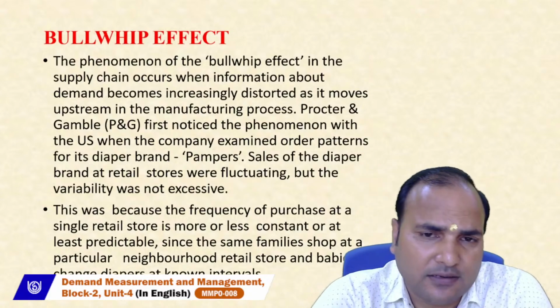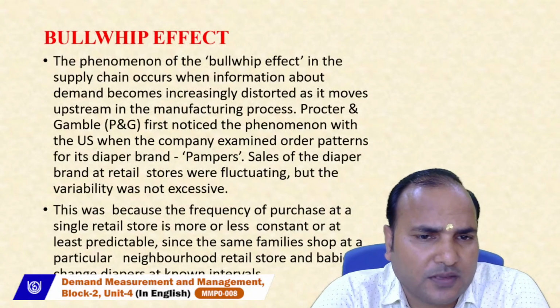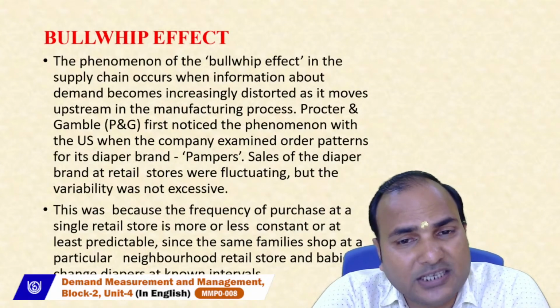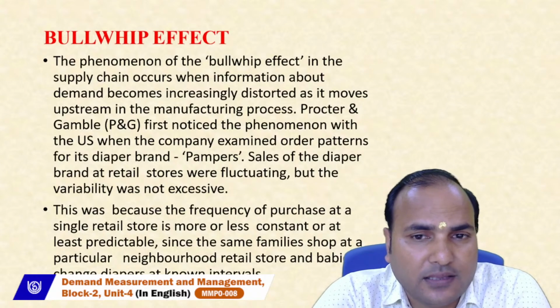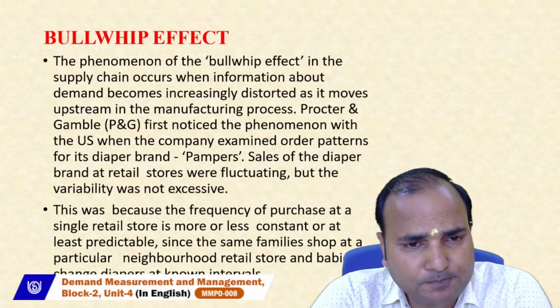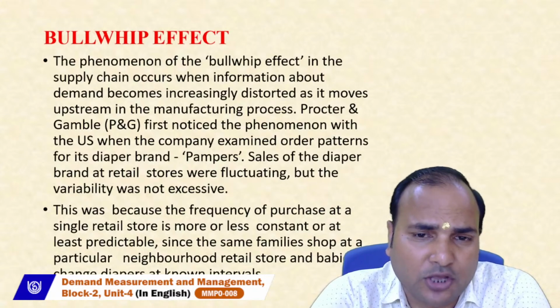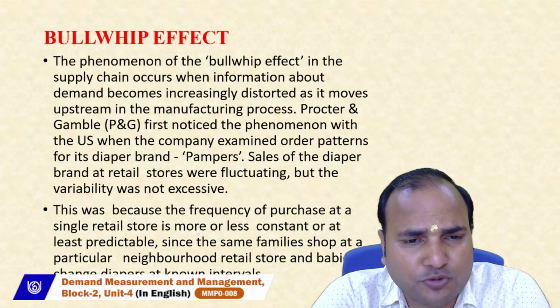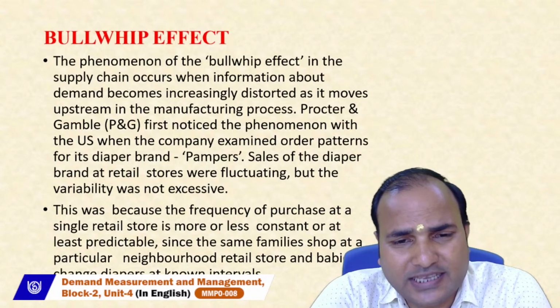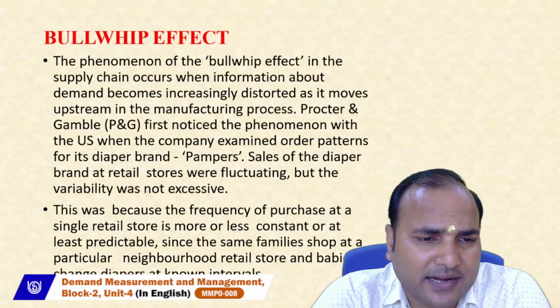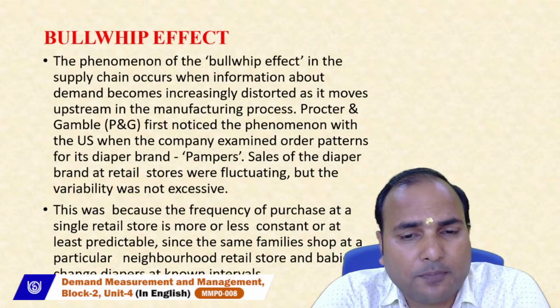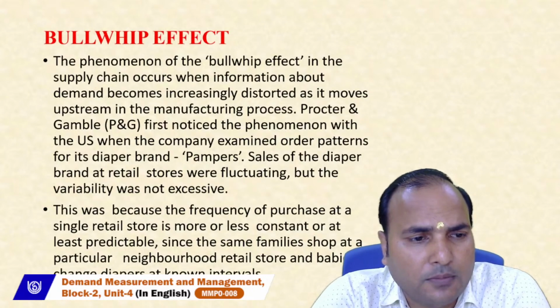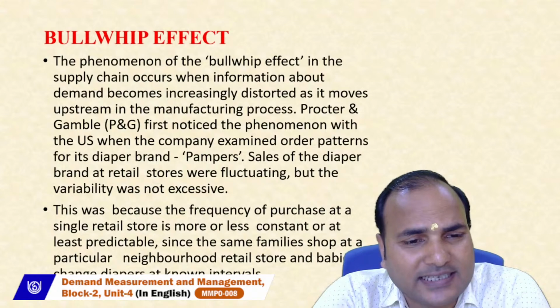You can take the example of Procter and Gamble, which first noticed this phenomenon in the USA when the company examined the order patterns for its diaper brand, Pampers. Sales of the diaper brand at retail stores were fluctuating, but the variability was not excessive.